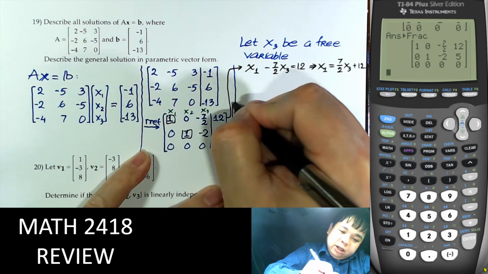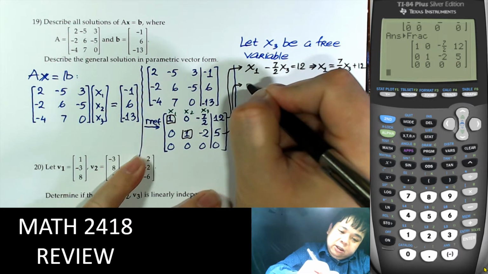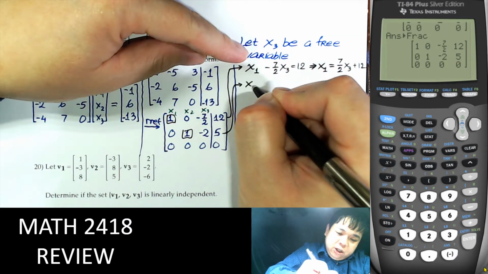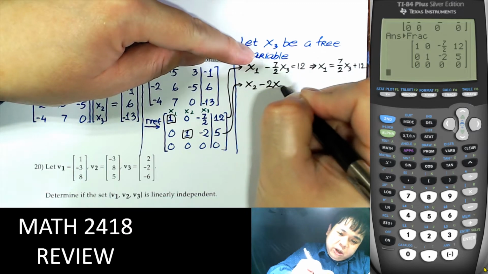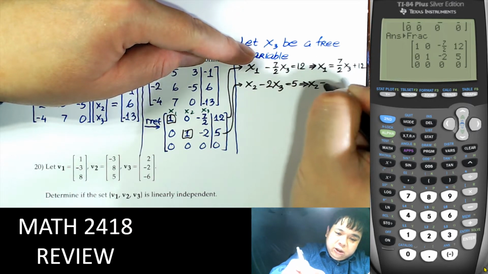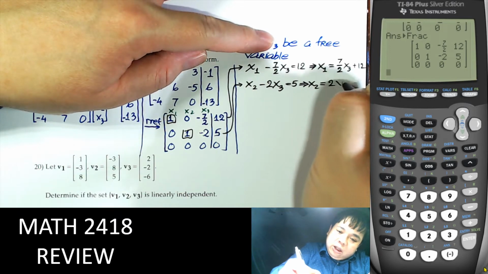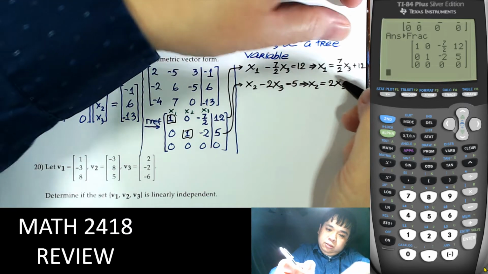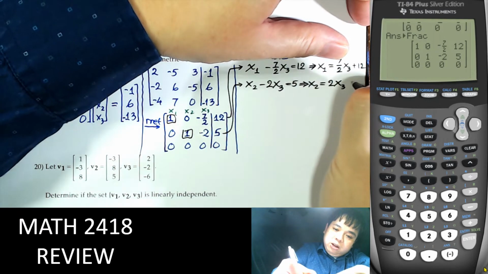And then for the second row, we have x2 minus 2 x3 equal to 5. Solving for x2, we have 2 x3 plus 5.